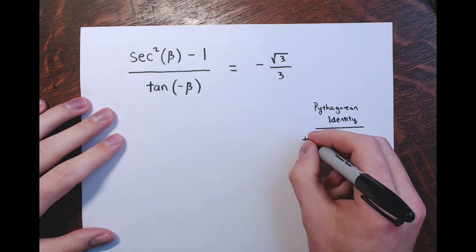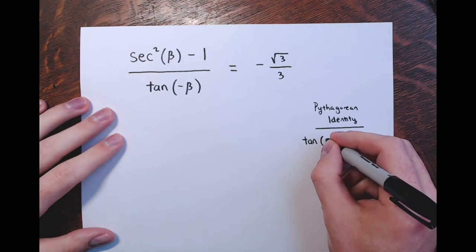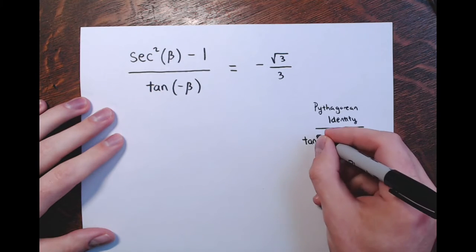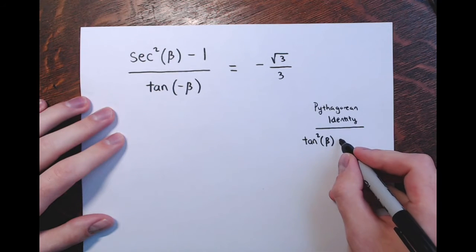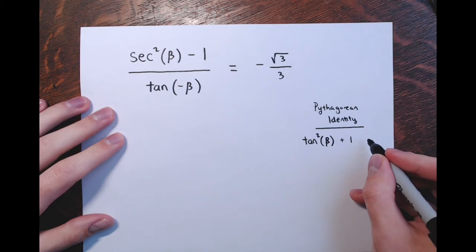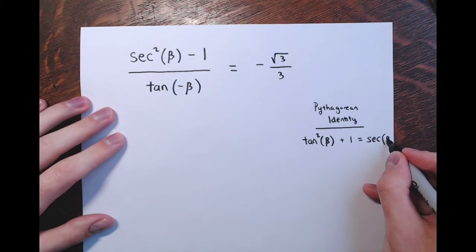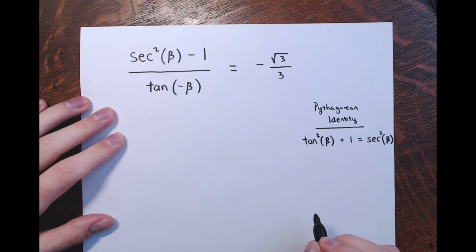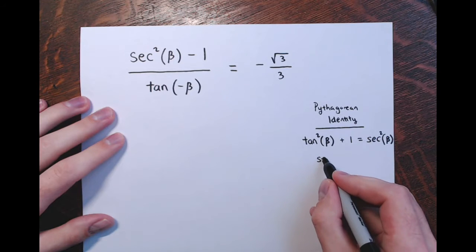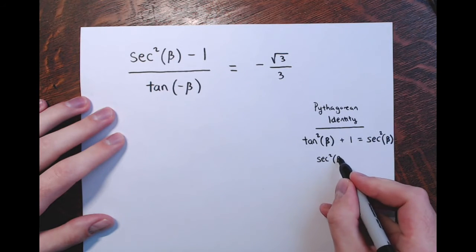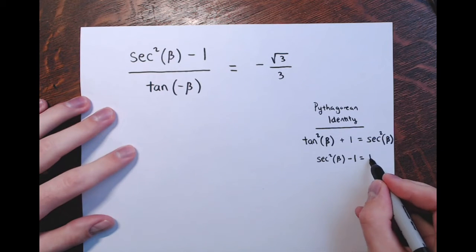Hopefully this rings a bell, right? Remember the tangent of some angle squared, say the tangent of beta squared, plus 1 would be equal to the secant of that same angle to the second power. So that means that secant squared beta minus 1 is equivalent to tangent squared beta.